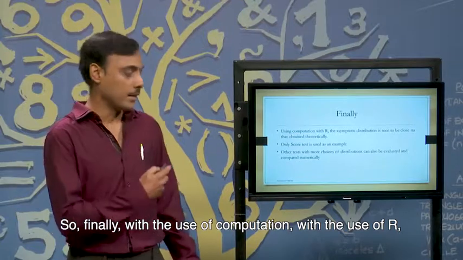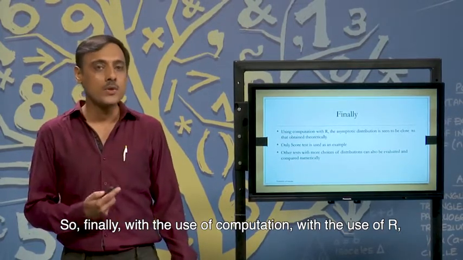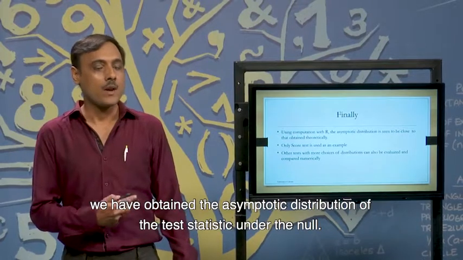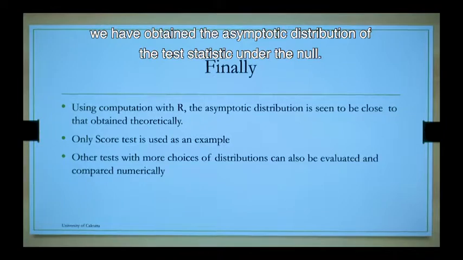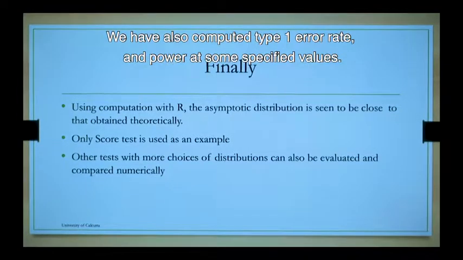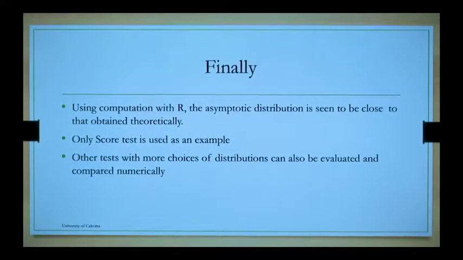So, finally, with the use of computation, with the use of R, we have obtained the asymptotic distribution of the test statistic under the null. We have also computed type 1 error rate and power at some specified values, and we observed that these power values are in agreement with those obtained theoretically.